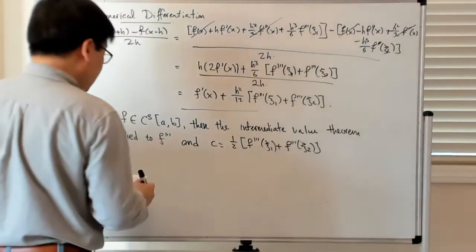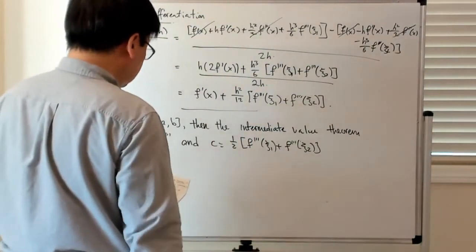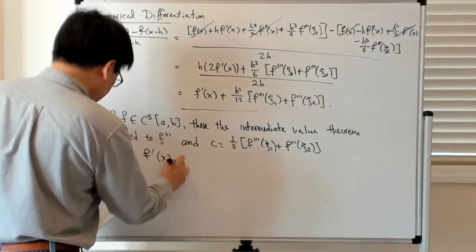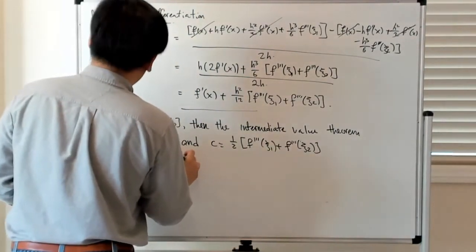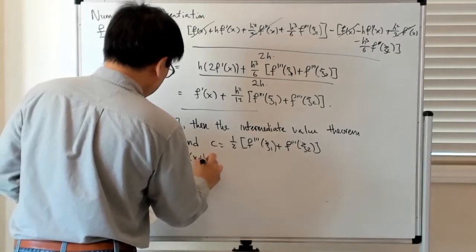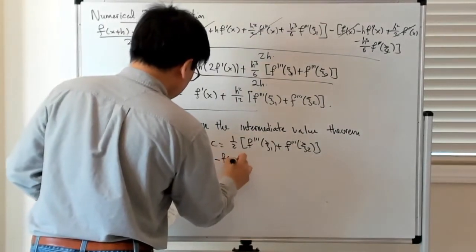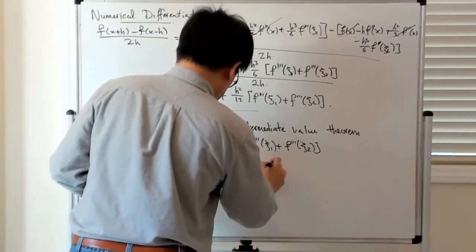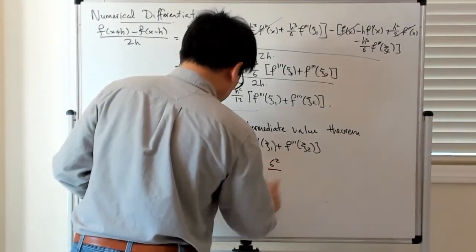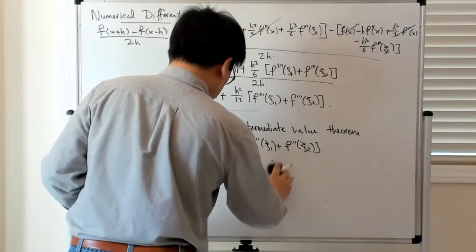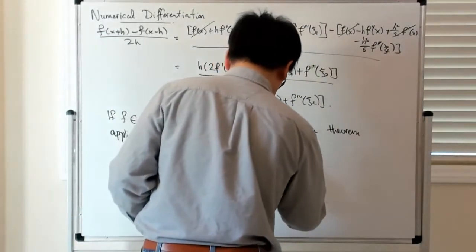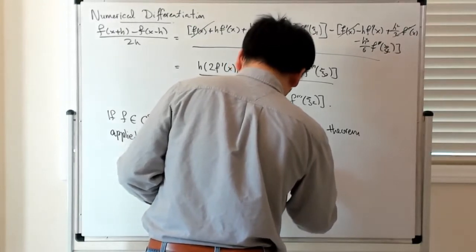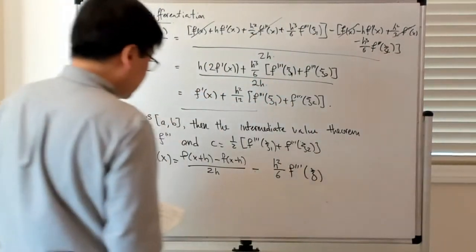f prime of x is equal to f of x plus h minus f of x minus h over 2h, minus h squared over 6 times f triple prime at some unknown point c.